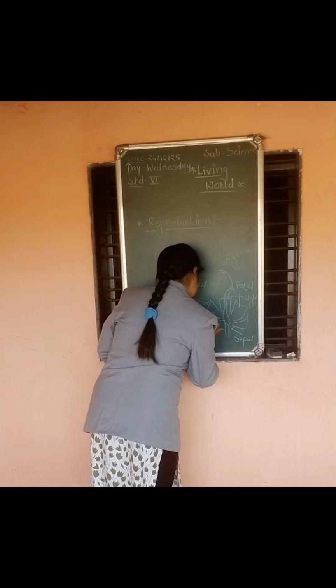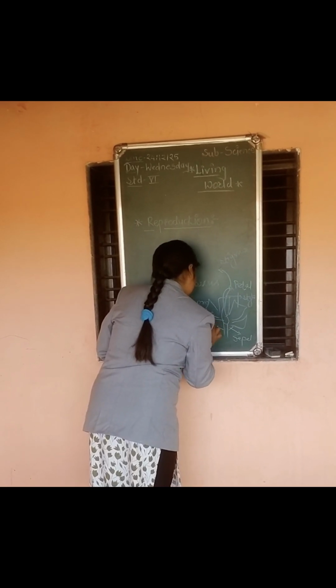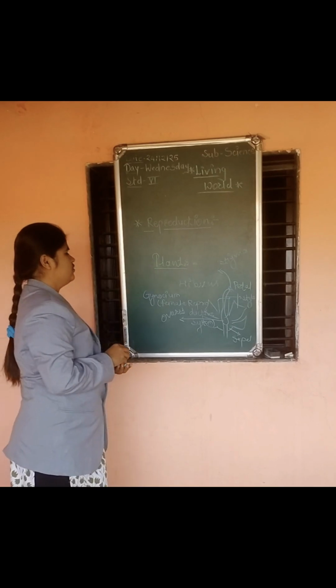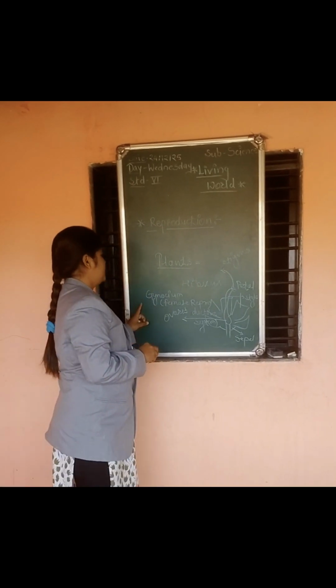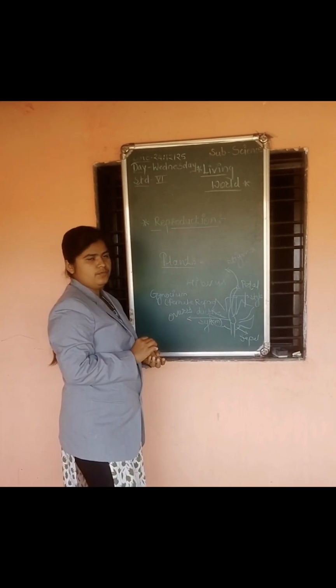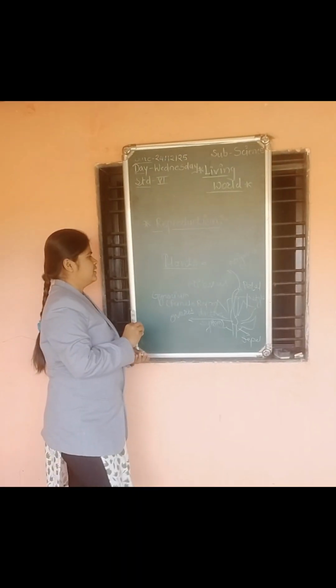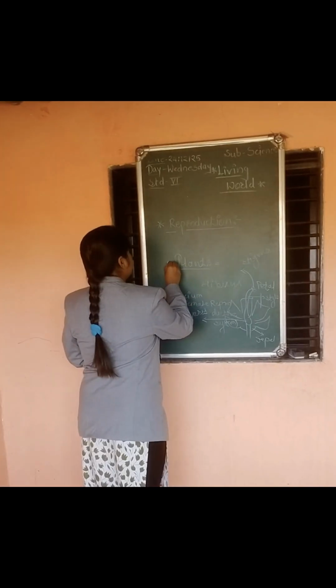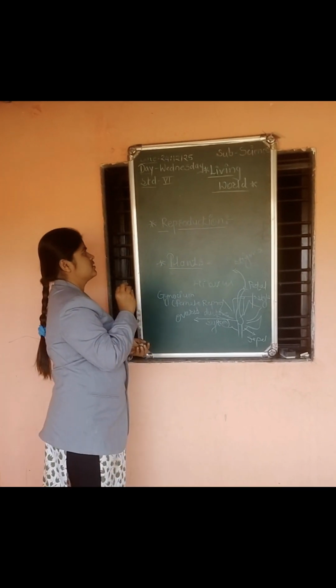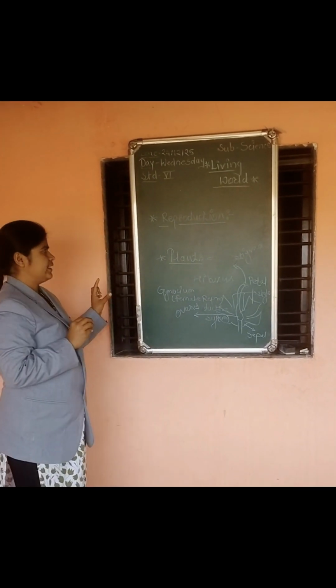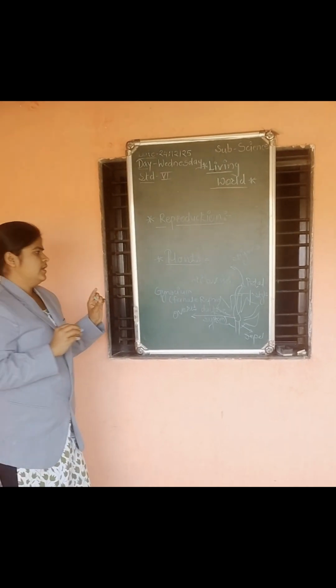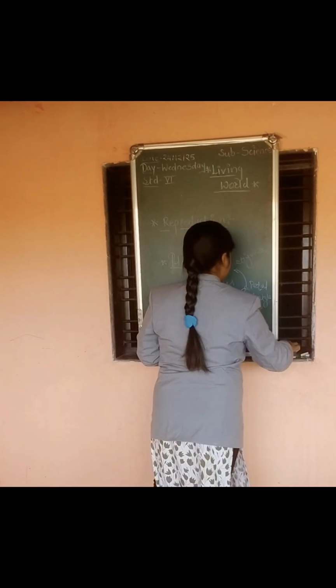In this plant, the male reproductive system, the androecium, is also present. So in plants, reproduction also occurs. It means it is also a characteristic property of living things.